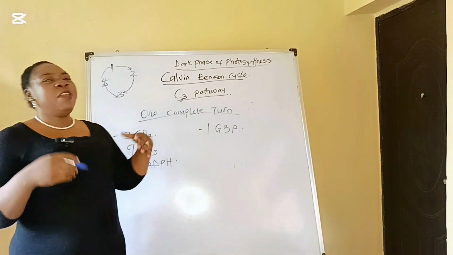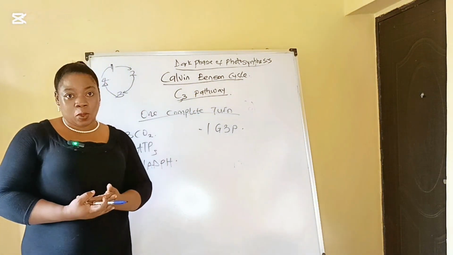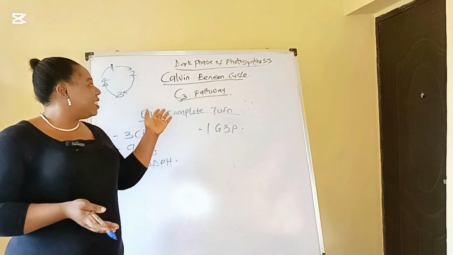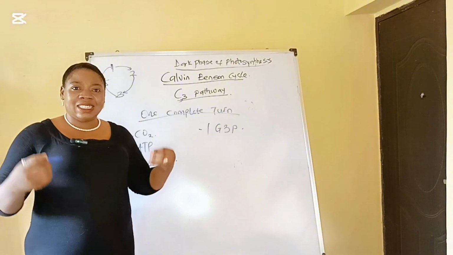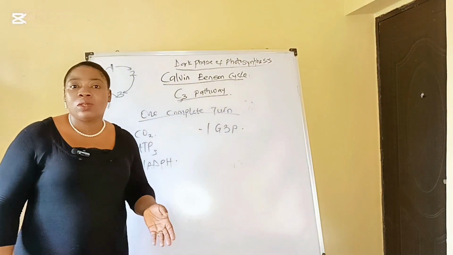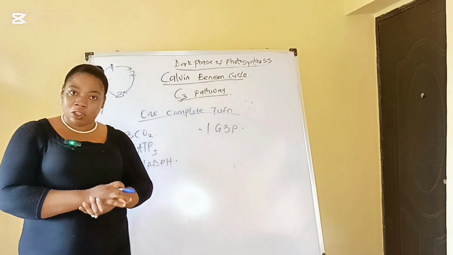Now, if you are asked what is the importance of this particular pathway, first, it helps in carbon fixation. With that, it helps to control atmospheric carbon. You know, it is CO2 that we are breathing out. So if plants are not fixing this carbon for us, we are in danger. So it is very important in carbon fixation.